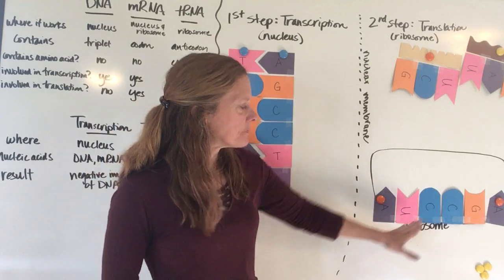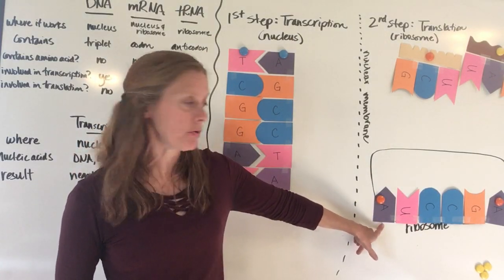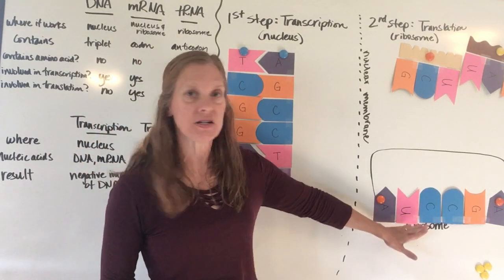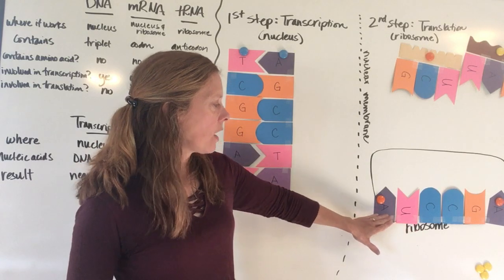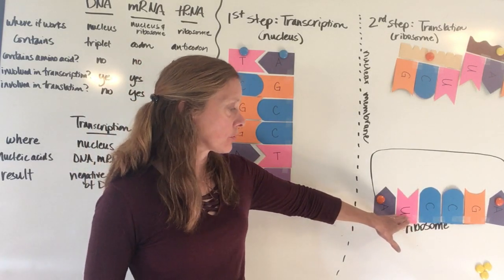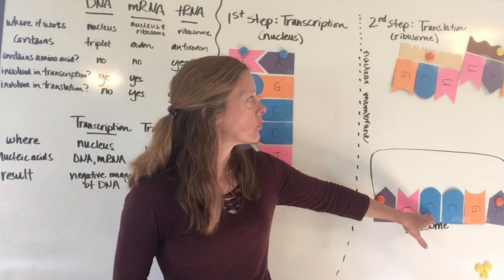On this piece of messenger RNA, the first section that I'm coding for is an adenine, uracil, cytosine. So what do I need to match up with those pieces? Well, remember, an adenine matches with a uracil, a uracil matches with an adenine, and a cytosine is going to match with a guanine.